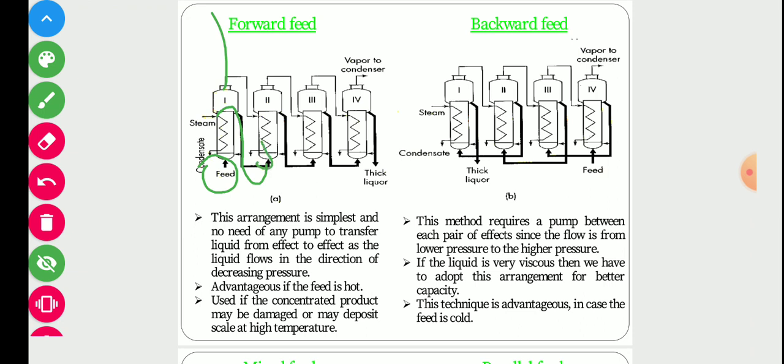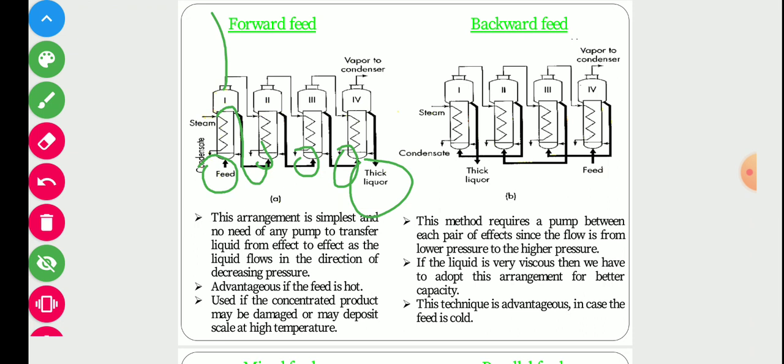Again it is partially vaporized, and the concentrated solution is fed to the third unit. Here again it is partially vaporized and fed to the fourth unit, and at the end of the fourth unit we get this thicker liquor as an output. So the movement of the feed is in the forward direction, so we can call it forward feed.